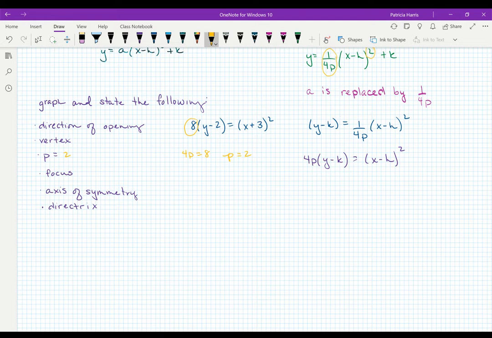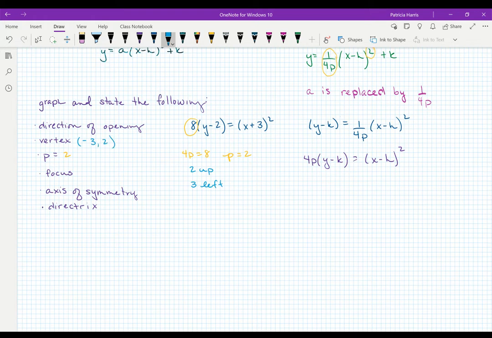Okay, we're going to use that in a second. Now looking at what's next to y, we have a negative 2. That means, since it's in parentheses, that I'm actually going to move 2 up from 0, 0. Right here, next to the x, that's a positive 3. So I'm actually going to move 3 left. So my vertex is negative 3, 2.